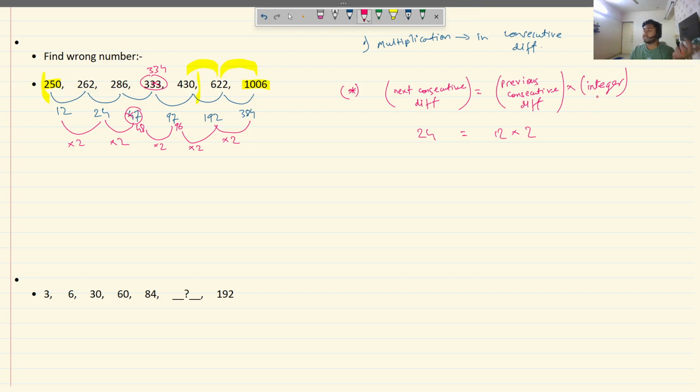This integer can change, or even this integer can be in increasing form or decreasing form. So 12 into 2, 24 into 3, 48 into 4, 96 into 5. So the integer with which it's getting multiplied can keep increasing or decreasing as well, needless to say. So that is my logic in this question.